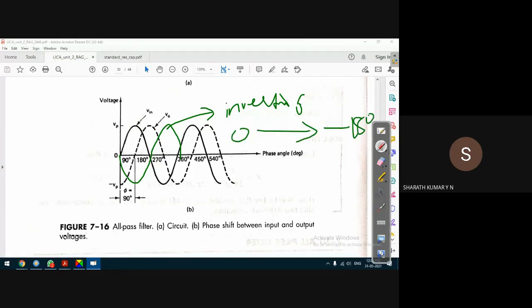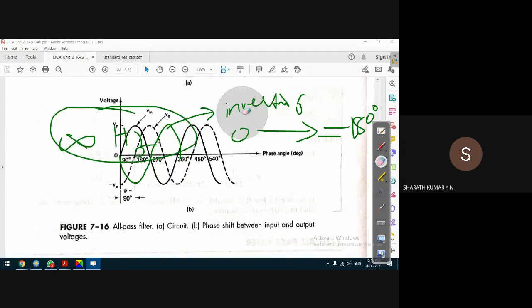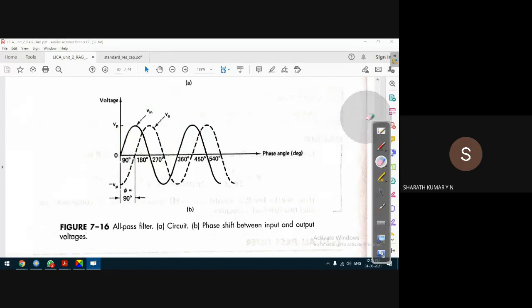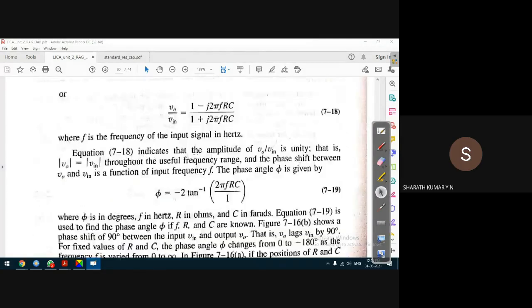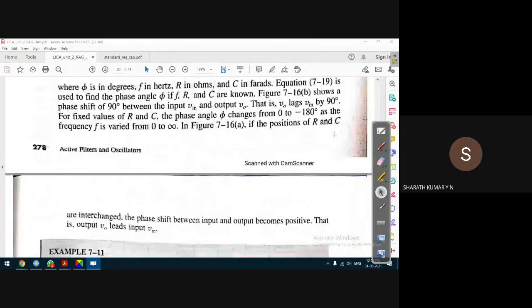Why is it minus? Because it's an inverting nature. This is possible for a very large frequency of the input signal, in terms of gigahertz. Very huge frequency of the input signal. Now, if the positions of R and C are interchanged, that is C first, then R, the network acts as a high pass filter.